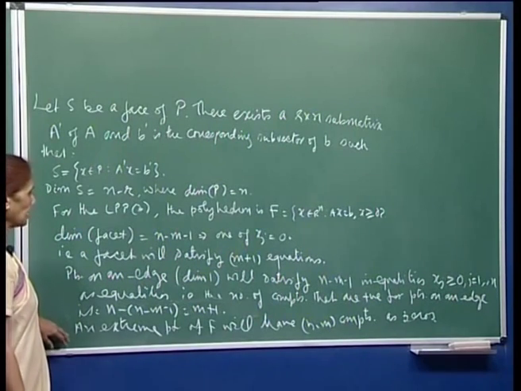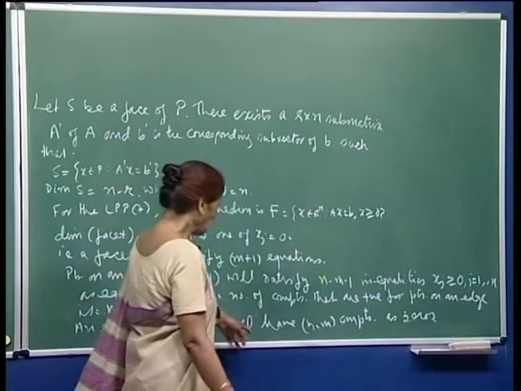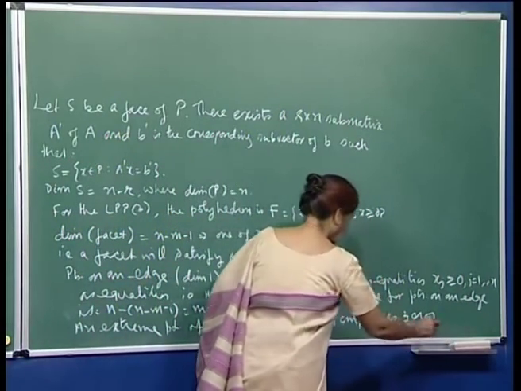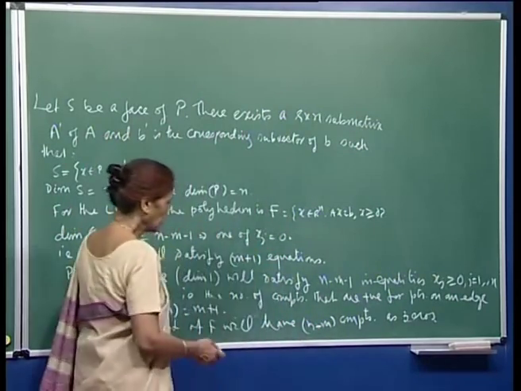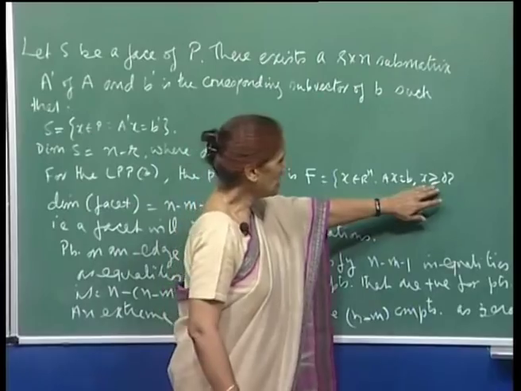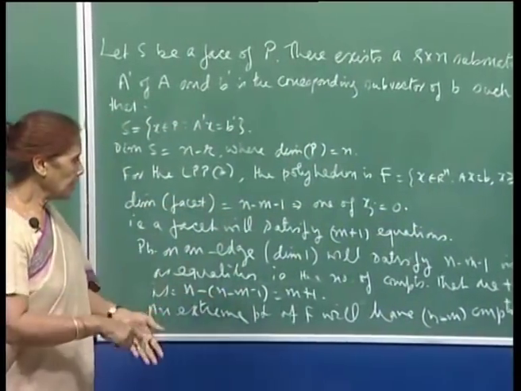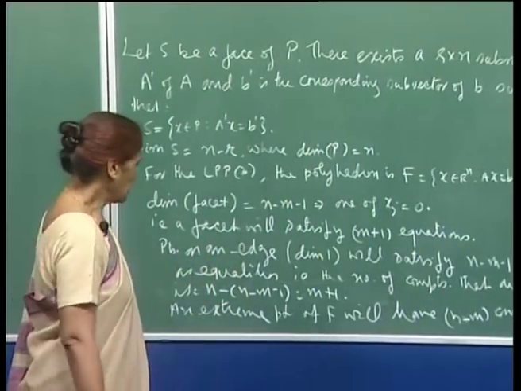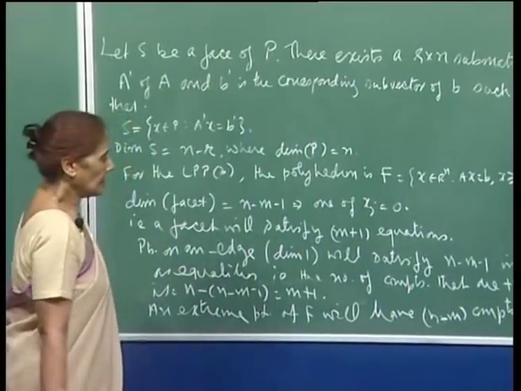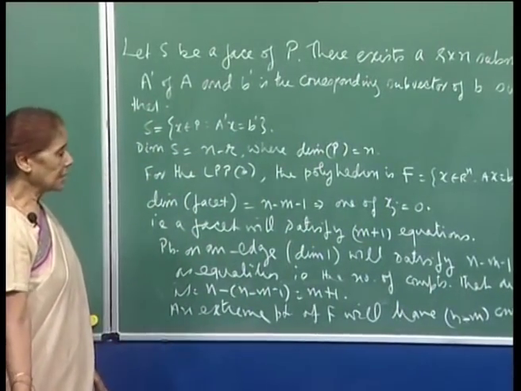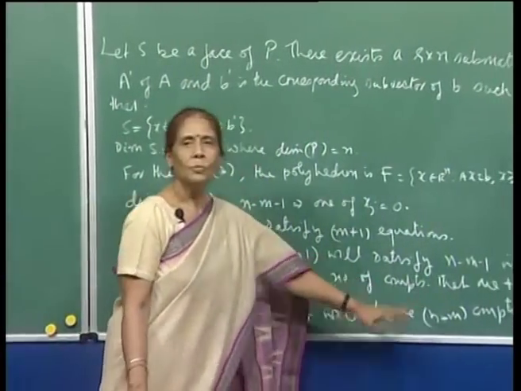For an extreme point, because its dimension is 0, it must satisfy n minus m inequalities as equalities, so n minus m components must be 0. Therefore, for every extreme point of F, the number of components that are 0 has to be at least n minus m. Of course, if it is a degenerate point, then the number of zeros can be more than n minus m.